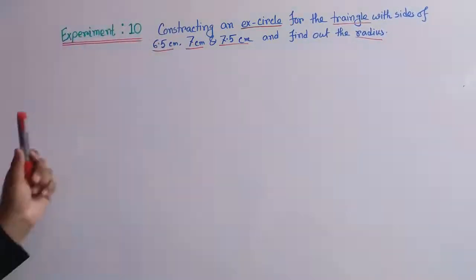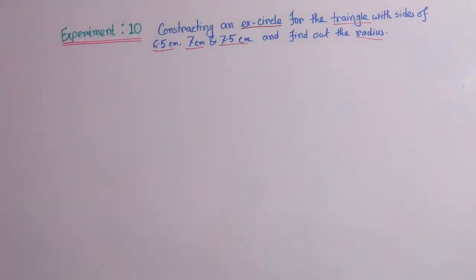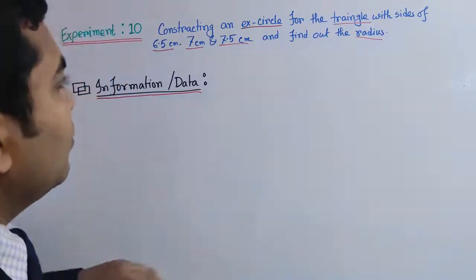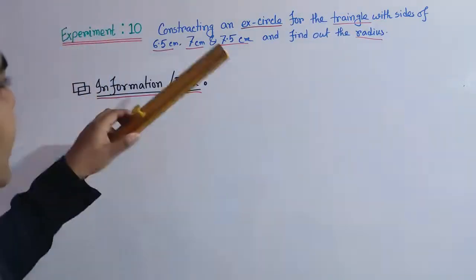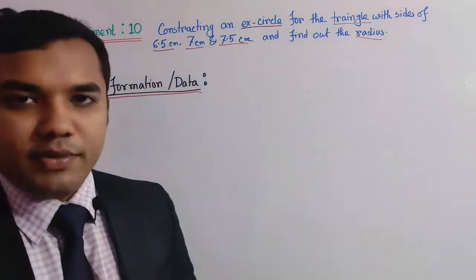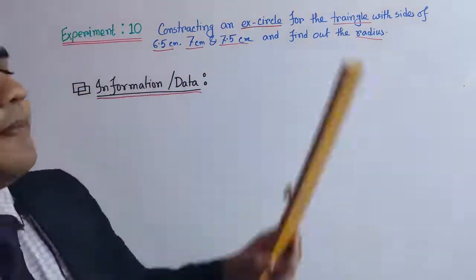Okay, let's have a look at today's part. Our first part will be the information or data. Which data is given here? 6.5 centimeter, 7 centimeter and 7.5 centimeter. These are the lengths of the sides of the triangle.